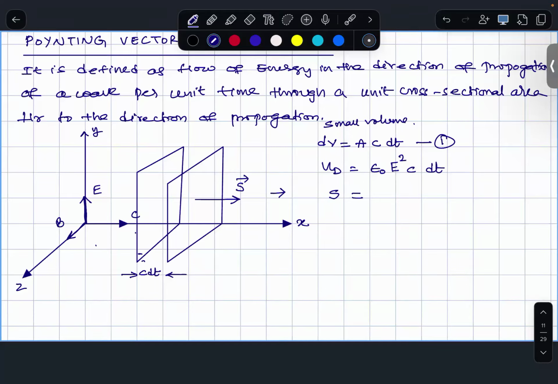A into A. What is Poynting vector? No, what is exactly Poynting vector? 1 by A. Actually, I should not write this as UD.